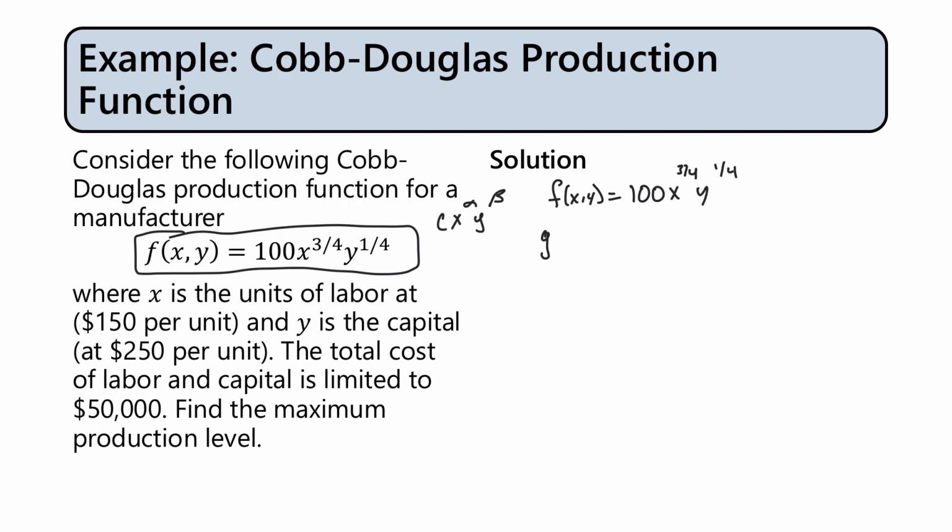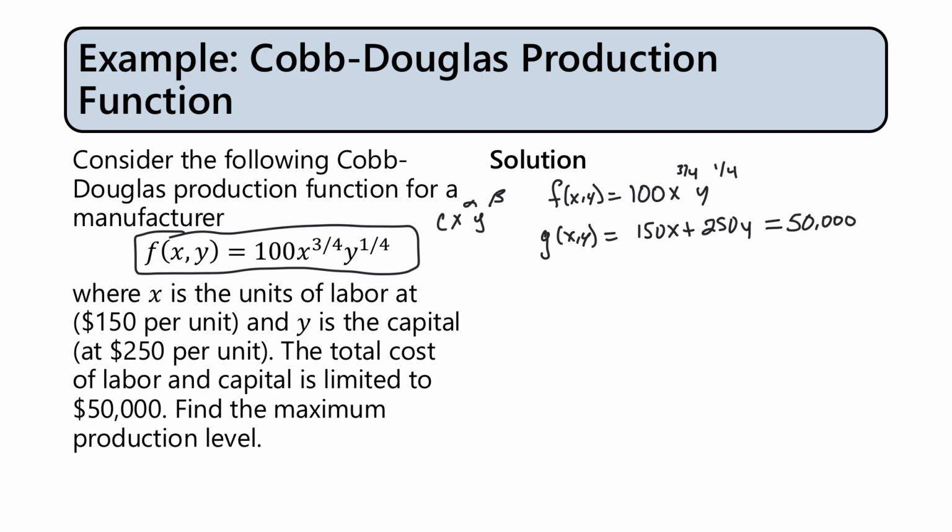And then our constraint equation is going to be, because we're constrained, the labor, which is going to be $150 per unit x, plus the capital, which is going to be $250 per unit y. The sum of those two cannot exceed 50,000.